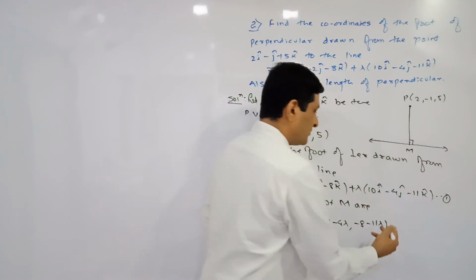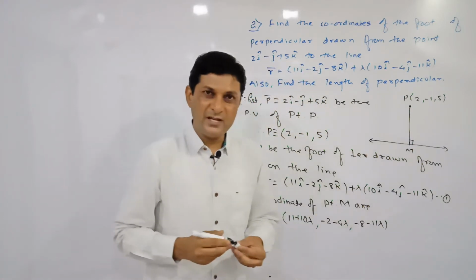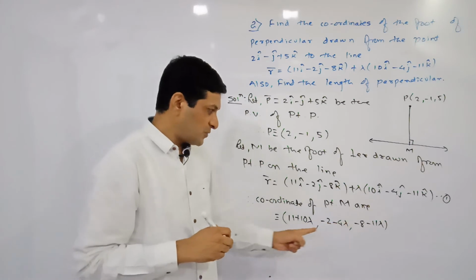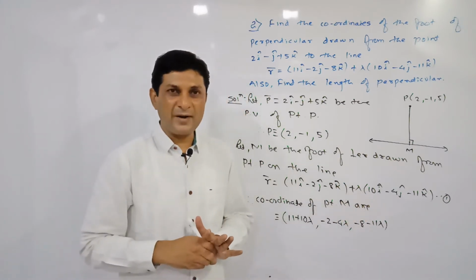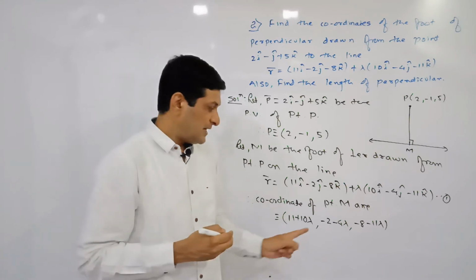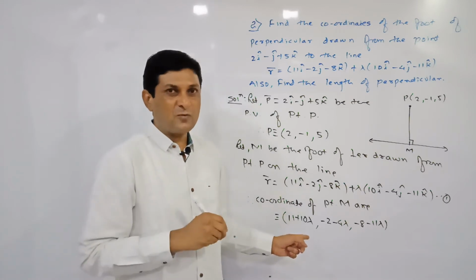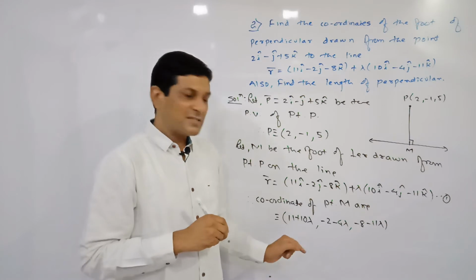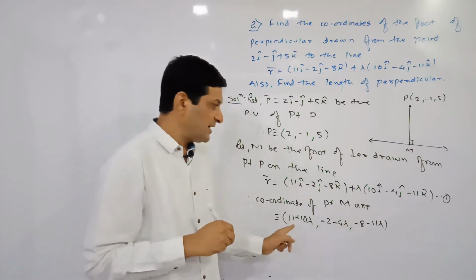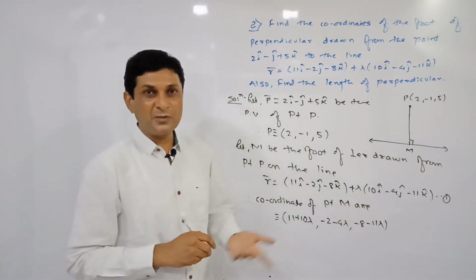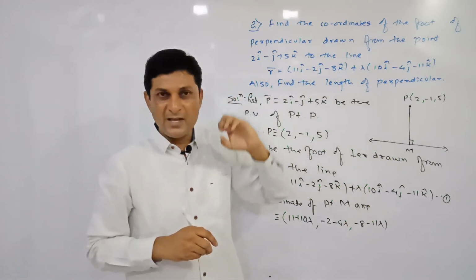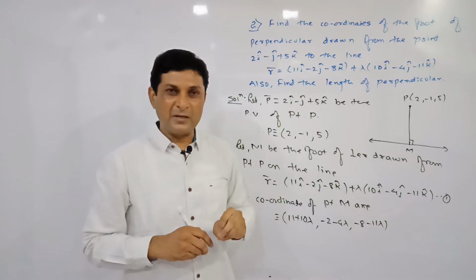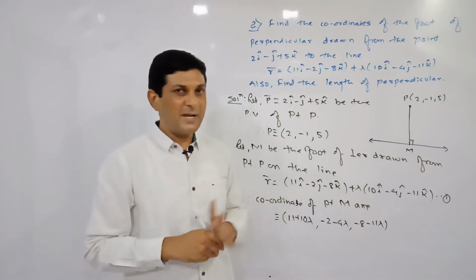In this way we have got the coordinate of point M. Now if you observe this coordinate of point M, one unknown value appears in it, which is lambda. If we are able to find the value of lambda and substitute it here, we will get the coordinate of point M, which is the foot of perpendicular. The first part is to find the foot of perpendicular, which means we have to find the value of lambda.